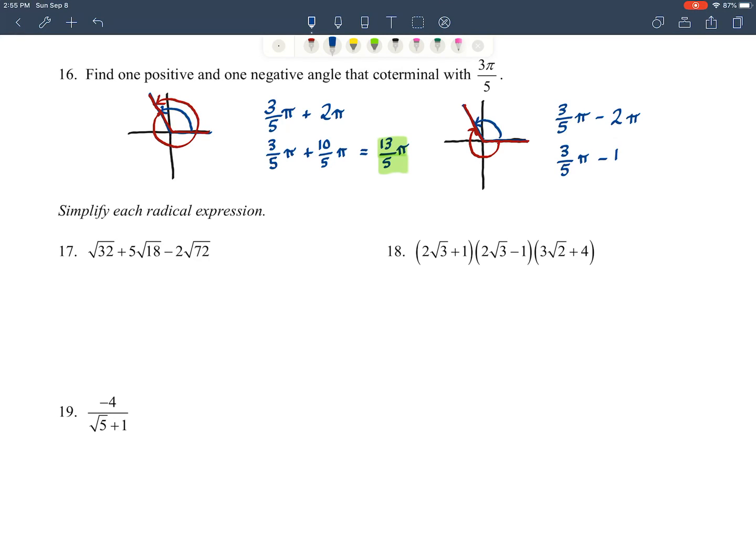This would be minus 10/5 pi. And in this case, we'll see that we would get 3 minus 10 is negative 7/5 pi. So that would be a negative angle that's coterminal with that given 3 pi over 5. So in other words, you're just adding 2 pi over and over or subtracting 2 pi to get coterminal angles.